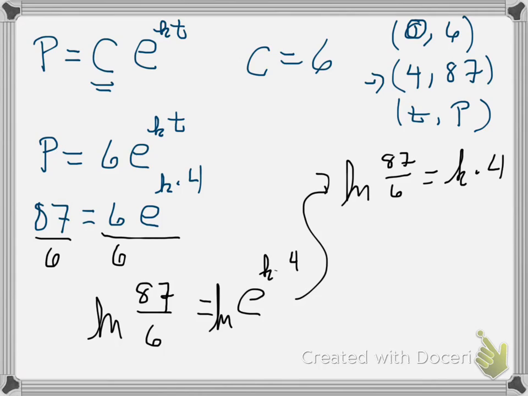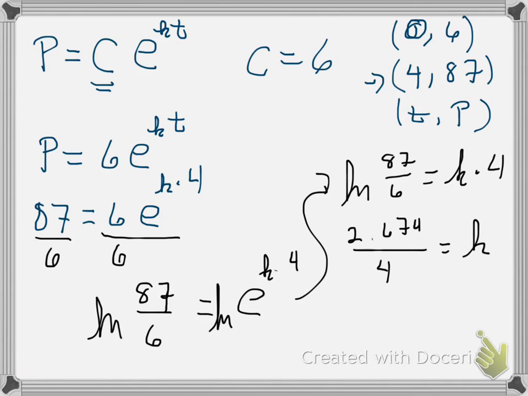So then it's time to get your trusty calculator out and solve for k. Natural log of 87 divided by 6 is 2.674, and if I divide that by 4, I get k.